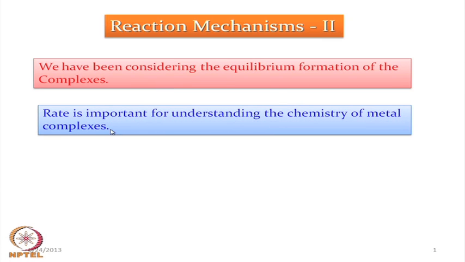So we will utilize what we consider as the rate: whether the rate is very fast or very slow, at what particular rate the metal ion is reacting with the ligand.